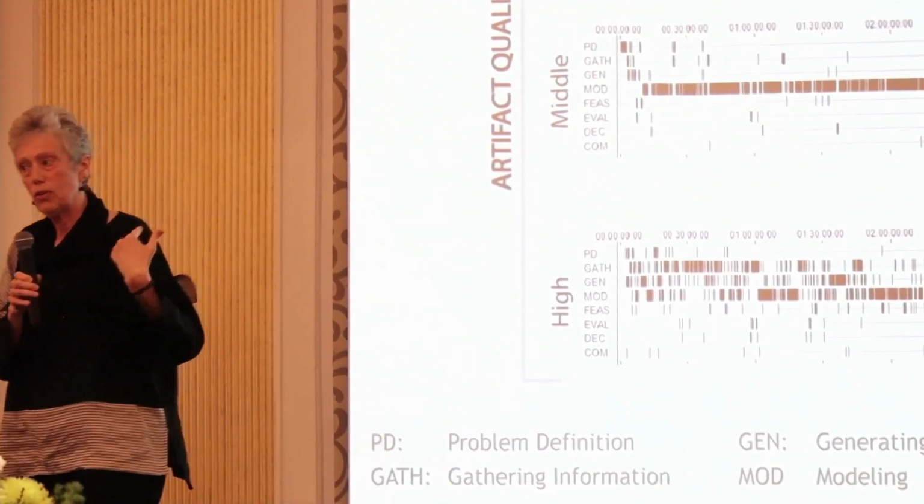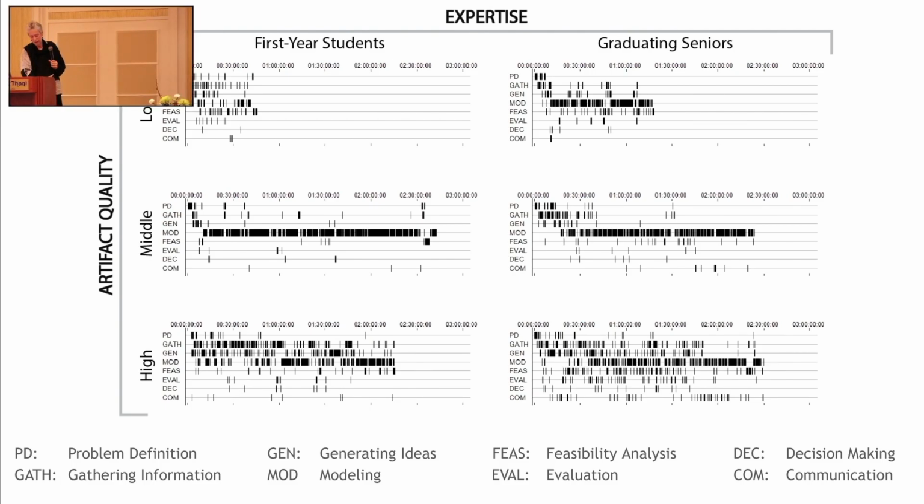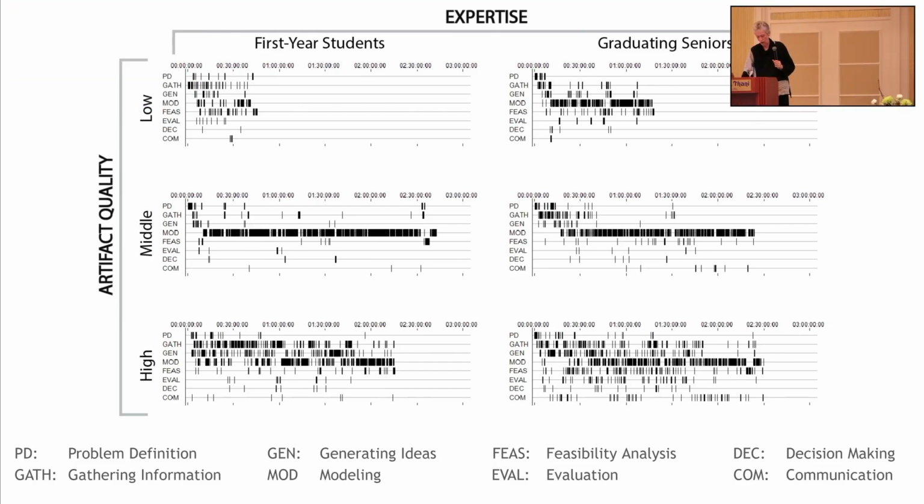If you look at these timelines, do you see differences between the first years and the graduating seniors, and do those differences involve the quality score? What observations do you have?